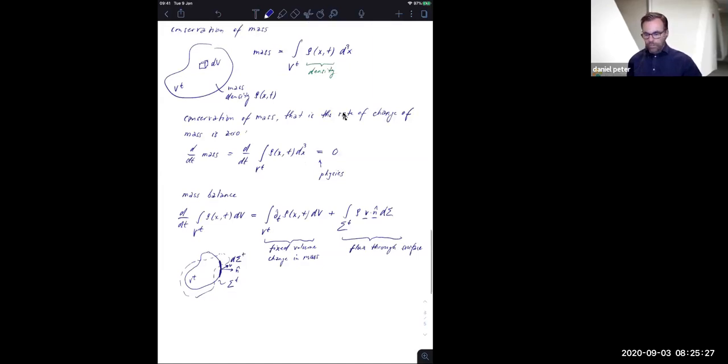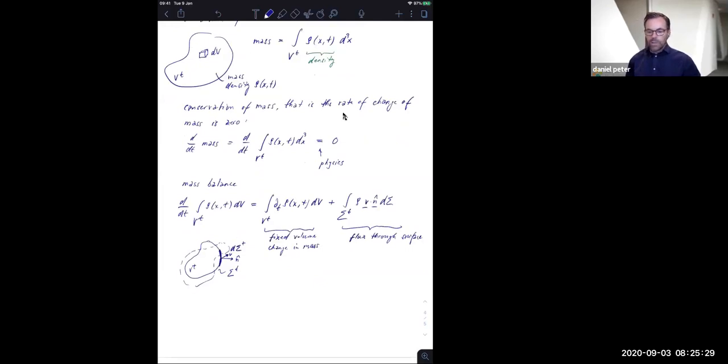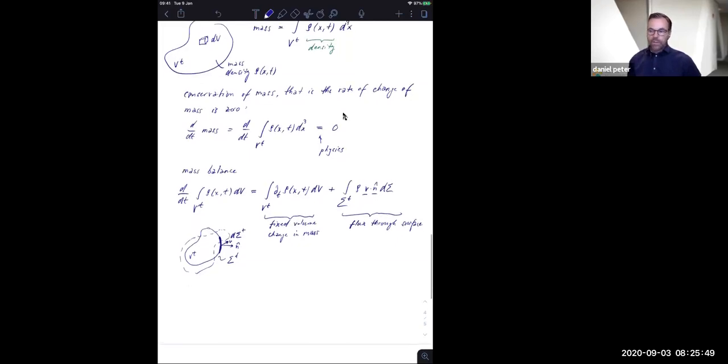Good. So then basically, this is our mass balance. So this has to vanish. And now what we want is to write these integrals in one big integral form.